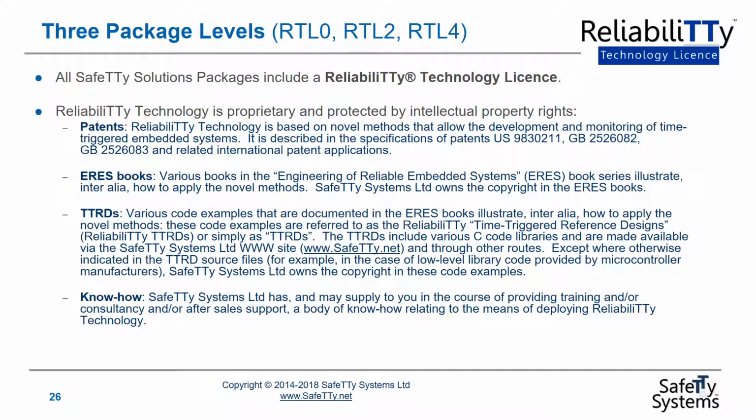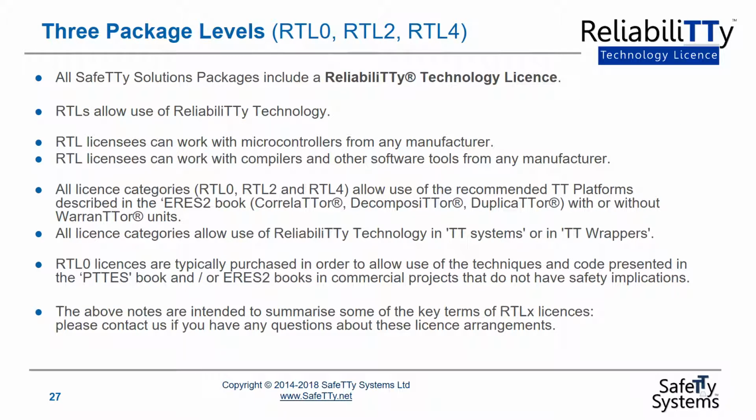We have some patents in this area, we have copyright in the ERAS books, we have some time-triggered reference designs which we also own, and we have expertise that we provide to our customers. In combination, this is reliability technology. All safety solutions packages include an appropriate reliability technology license.